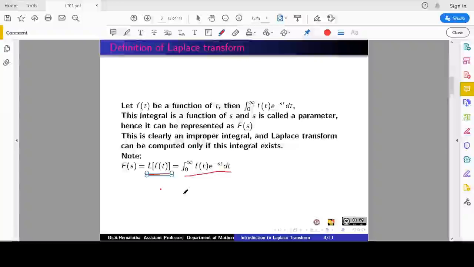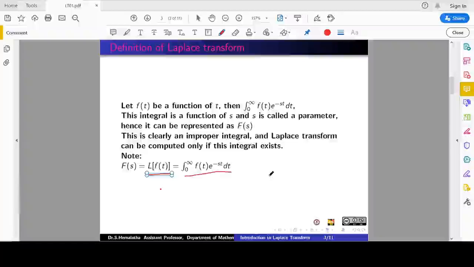We also have a two-sided function, but here we'll be concentrating only on the one-sided function. As we all know, an integral will end up in a function of s. The limits 0 to infinity act on the t variable, so we'll have some function in the s parametric term, which we denote by some other capital F of s.